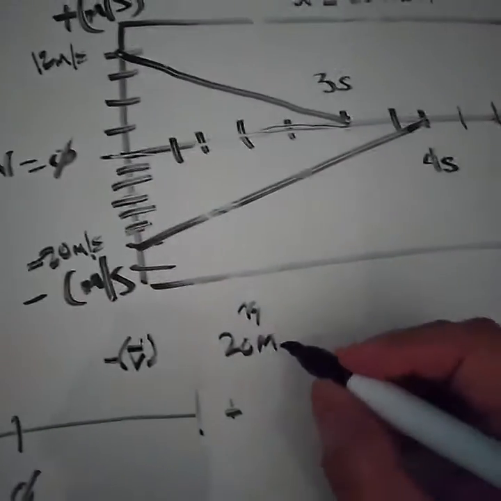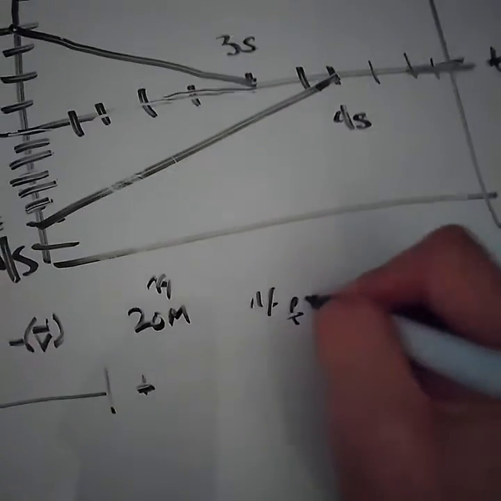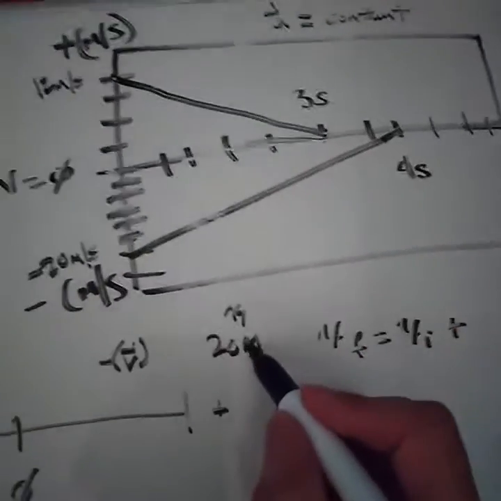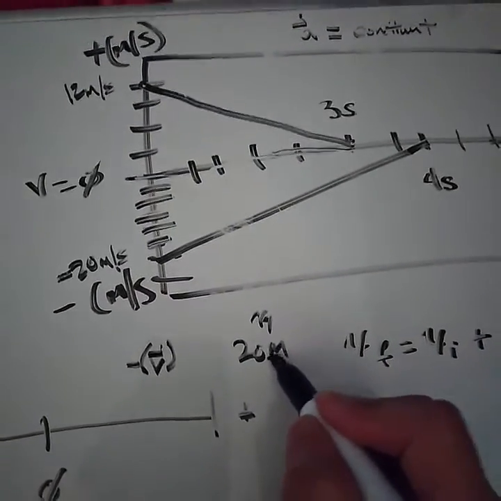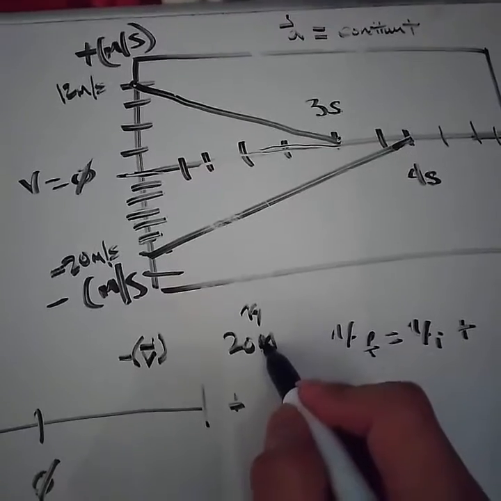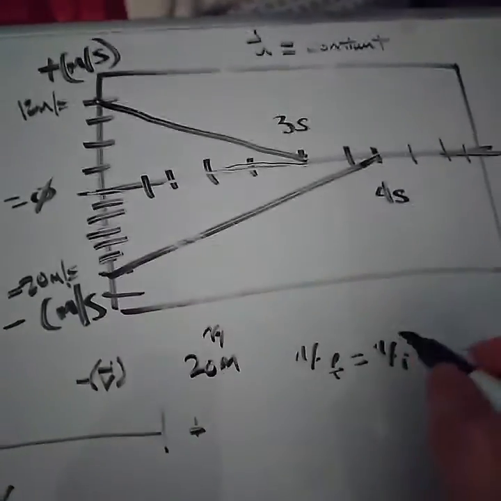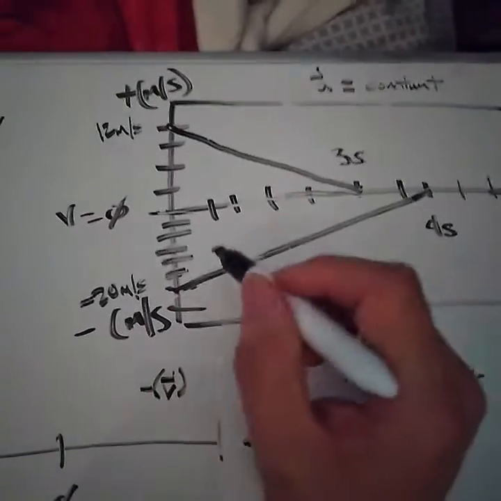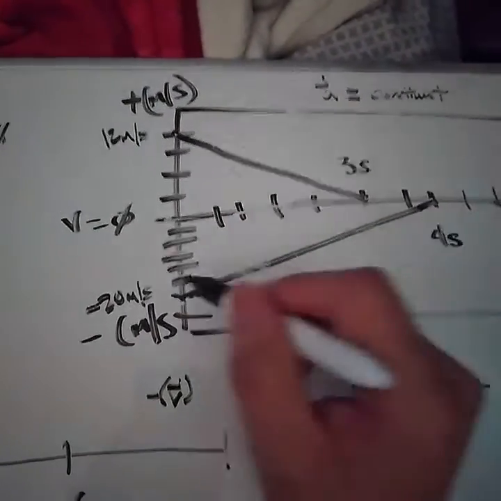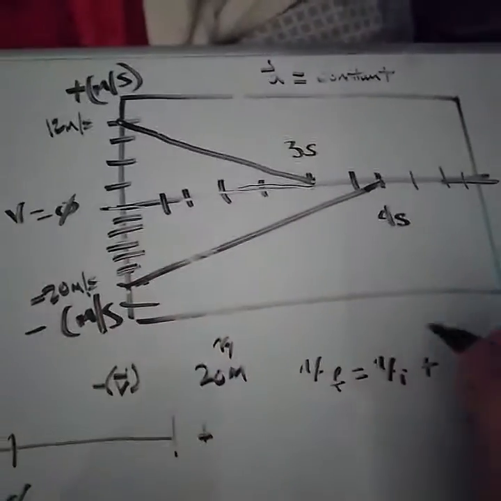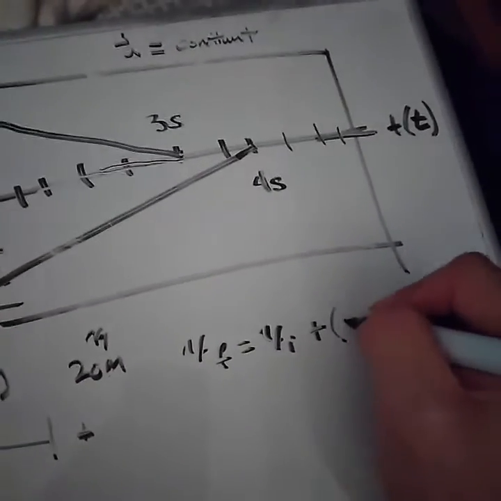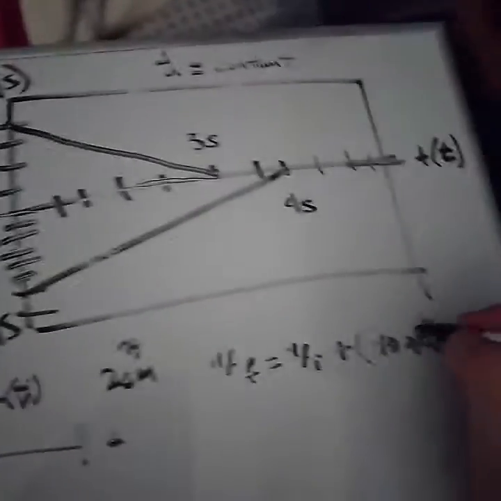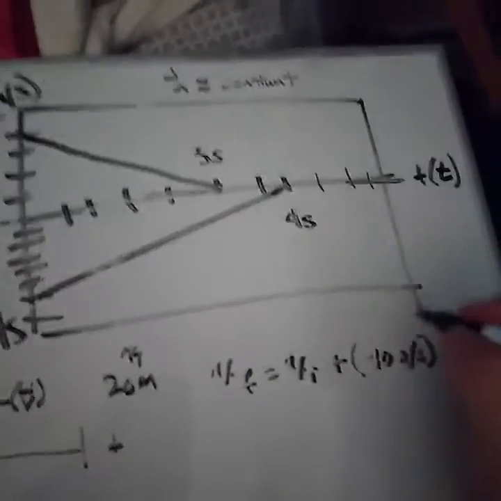So our final position, xf, is equal to x initial plus our average velocity times time. Remember, object 1 has a positive position. In order for him to be approaching 0, he's going to have a negative velocity. So our average velocity is his final plus initial over 2, which is 0 plus negative 20, so negative 20 over 2, which is negative 10 meters per second, times delta t, our duration, which is 4 seconds.